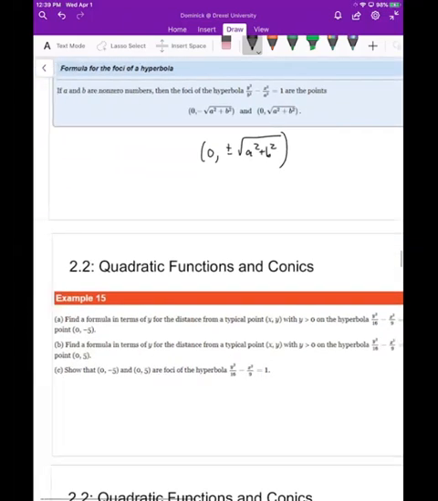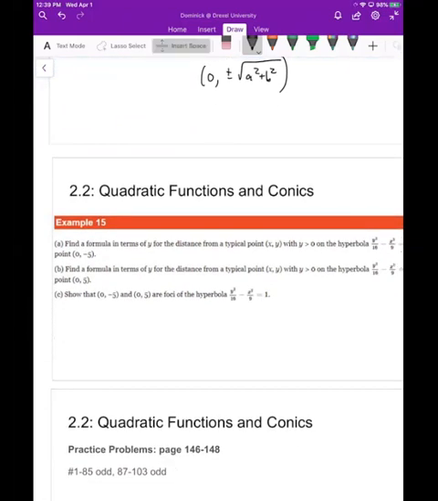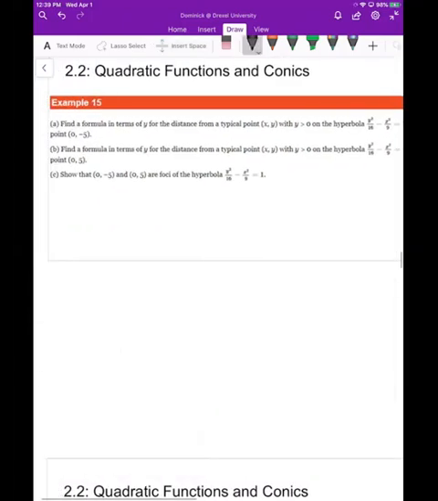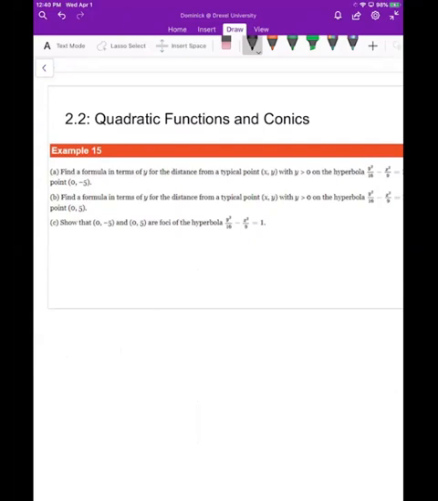Okay, so if we find the two foci here in this example, and again, I'm just going to do part C first, to show that we have the two foci here. In this case, we want the square root of a squared plus b squared. So we want 16 plus 9, so the square root of 25, so we get 5, of course, plus or minus.